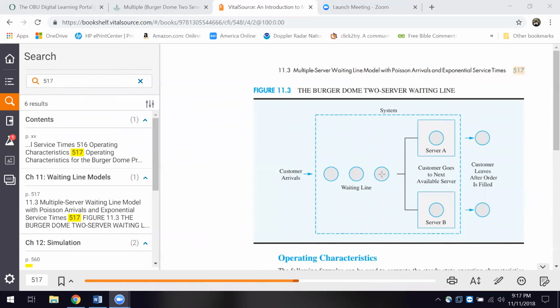This first person who comes in is taken care of by server A. Then this person comes in, they're taken up by server B. Now, at some point, one of the two of these will go on after the order is filled. And that means that the third party in the waiting line will either go here or will go here, depending upon who gets finished first.